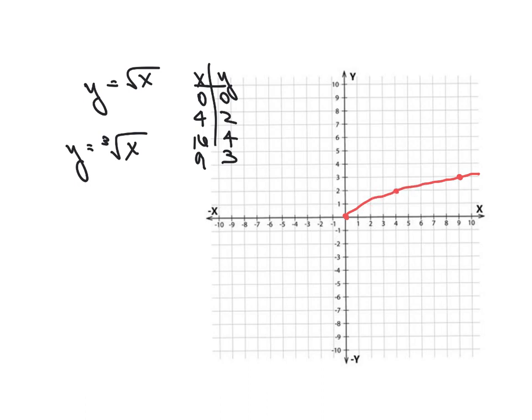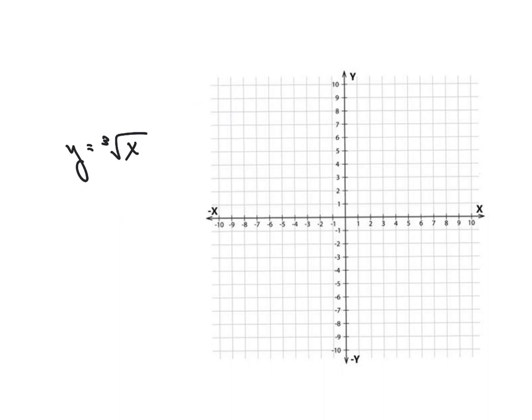Now, if we look at the second one, with the cubed root, we have it a little bit different. We have an x and a y, and let's say we put in 8. Cubed root of 8 is 2. So that would be a point right there. What if we put in 0?